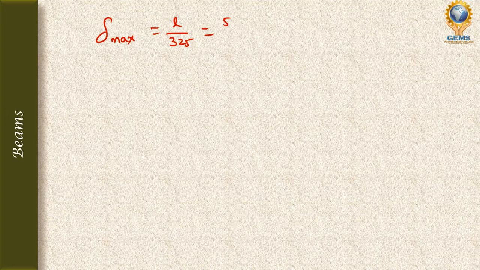It is the effective span, that is 5.25 meter, that is 5250 by 325 is equal to 16.15 mm. So we assumed our allowable bending stress, allowable shear stress and allowable deflection. We found out everything. Now we have to find the maximum bending moment and maximum shear force.